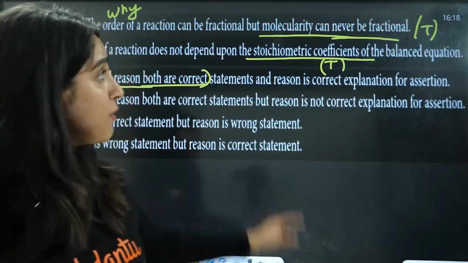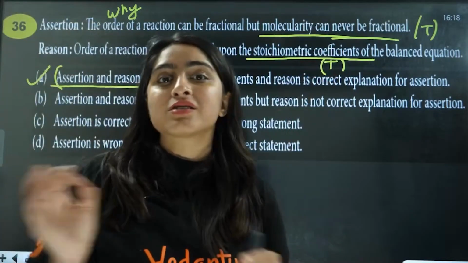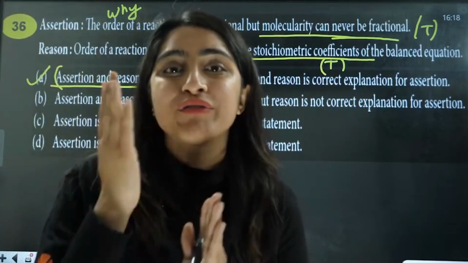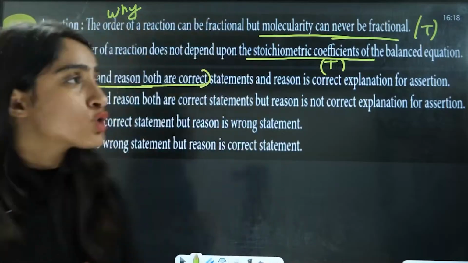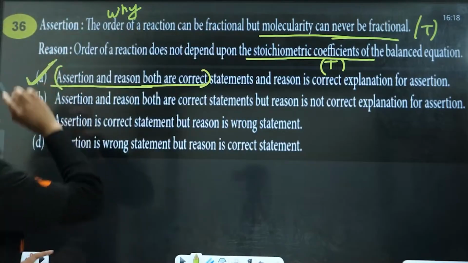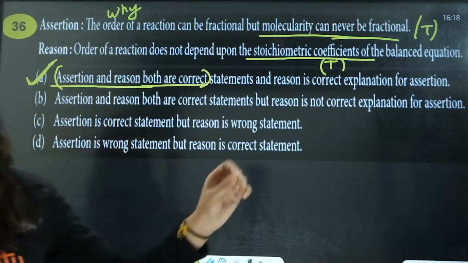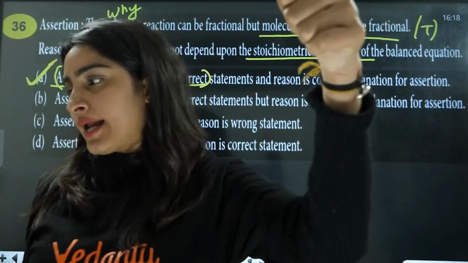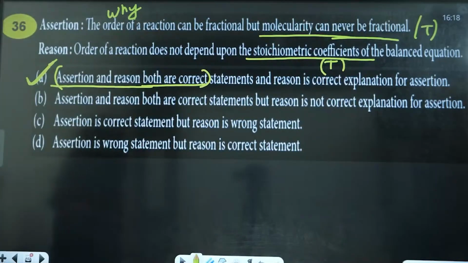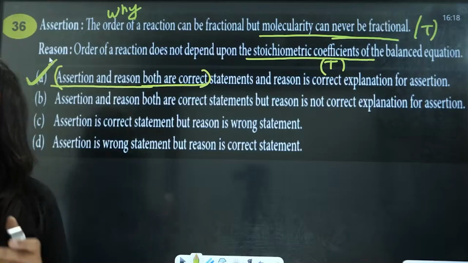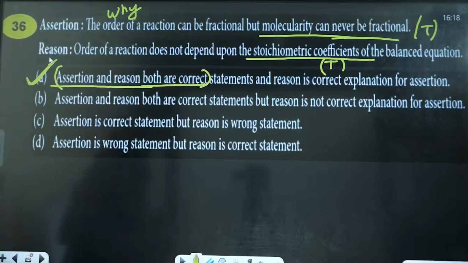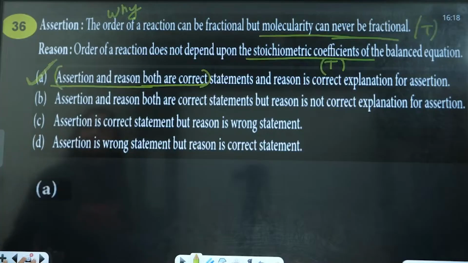That is why molecularity depends on the stoichiometric coefficient of the elementary reaction. So A is the correct answer here. Right, everyone? Is the answer correct? A is the correct answer.